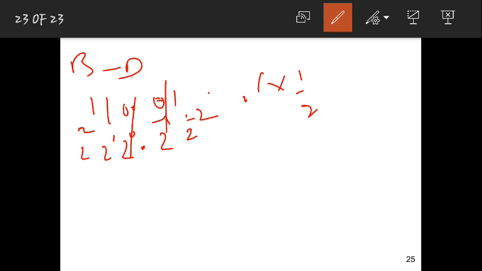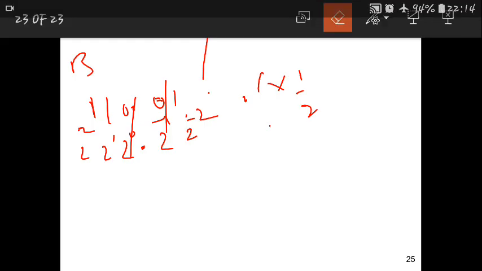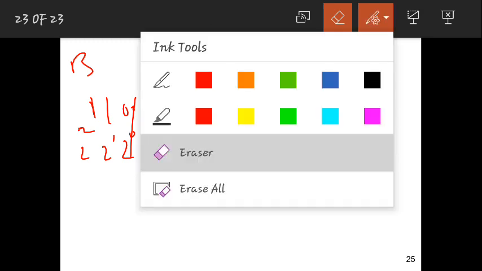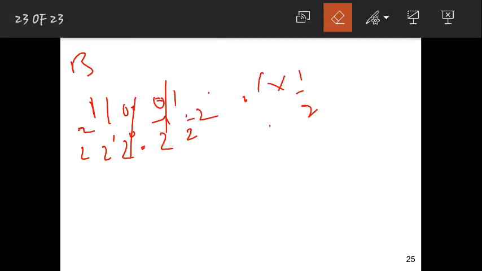Is that fine? So this is your decimal value. You will get 0.5 here. This was 6, so on this side you will get 6 and here you will get 0.5.